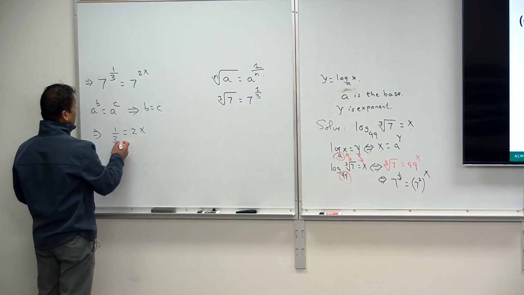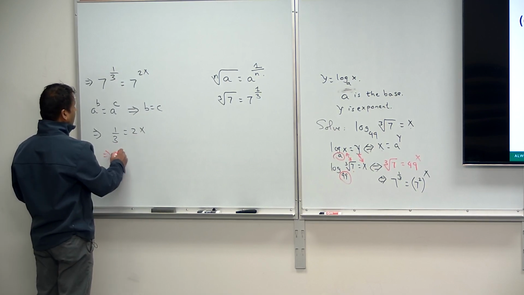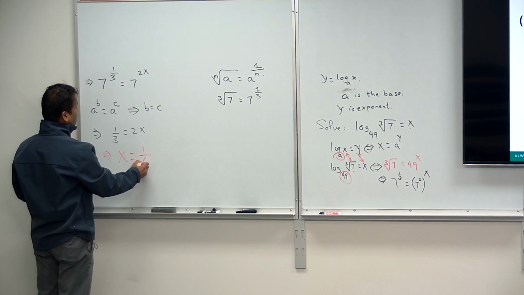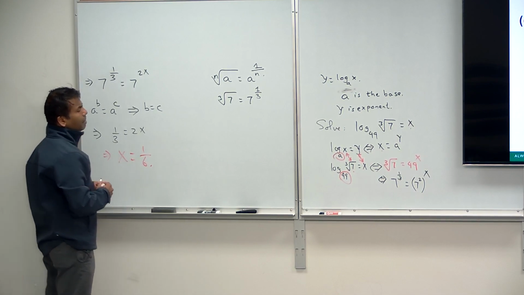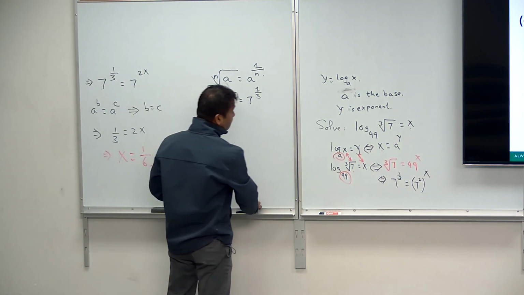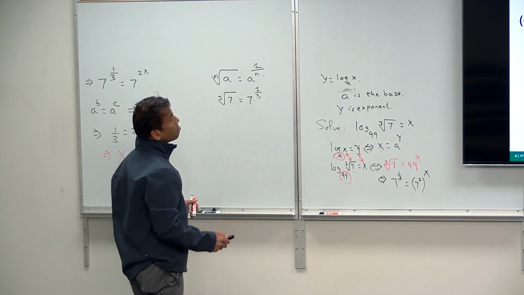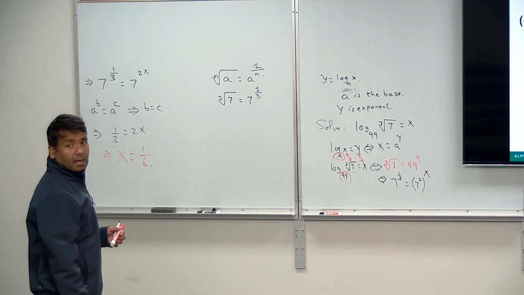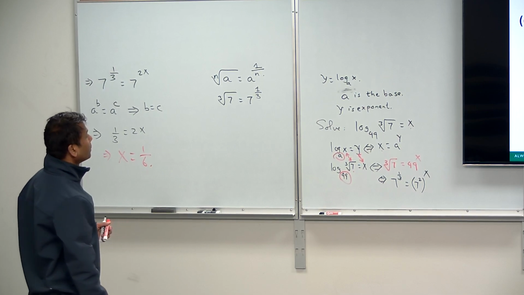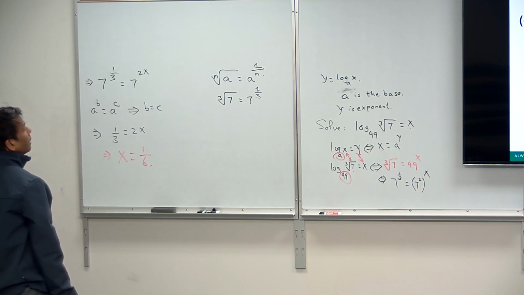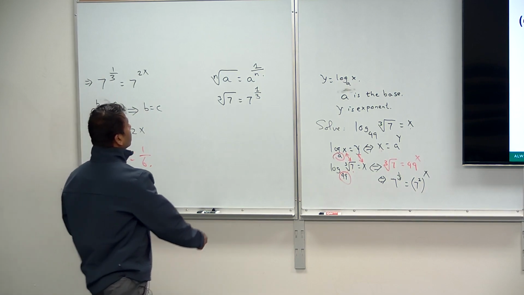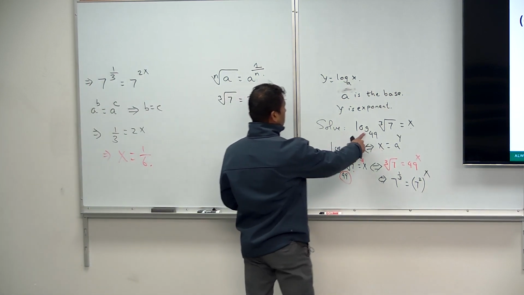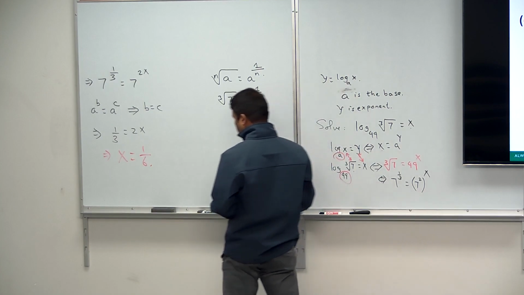If you divide both sides by 2, you will get x equal to 1 over 6. Right? Yeah, x equal to 1 over 6. So that is the solution to the given logarithmic equation.